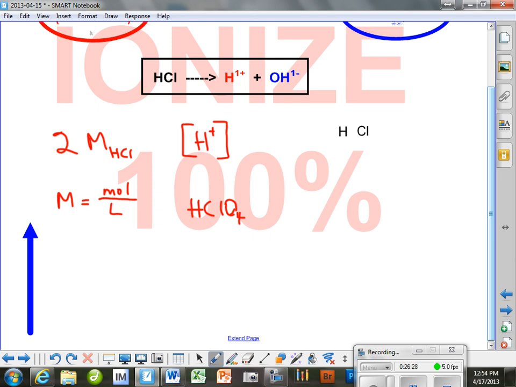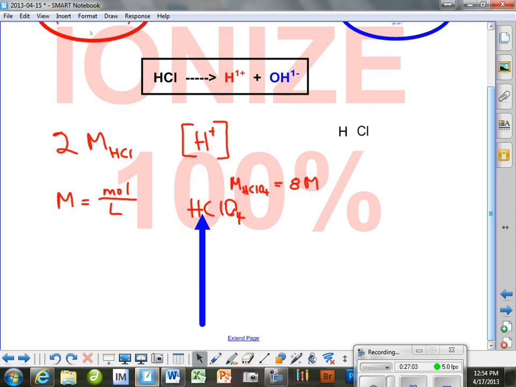What am I going to have for a molarity of hydrogen ions if the molarity of the HClO4 is equal to 8? 8 molar. What's the molarity of hydrogen ions? 8. Very good. So this guy is going to have the same molarity as this.